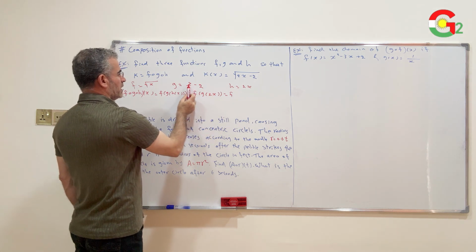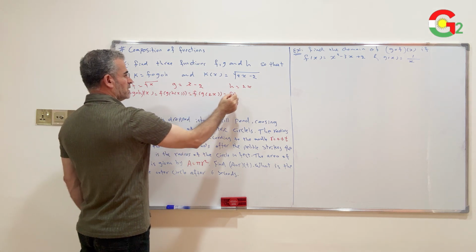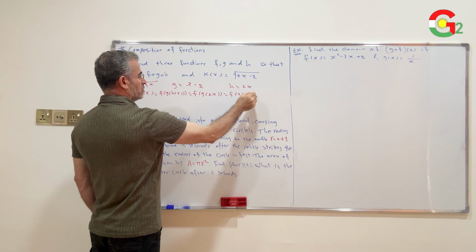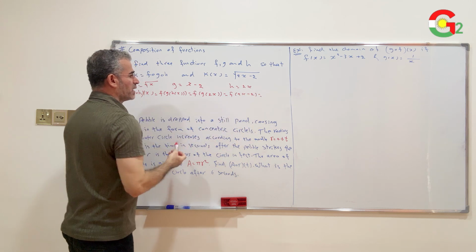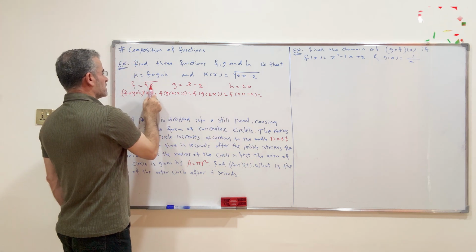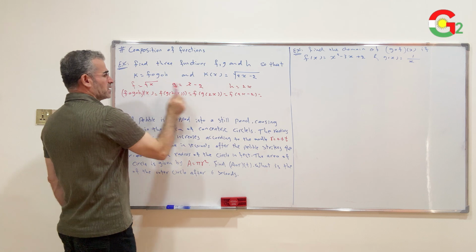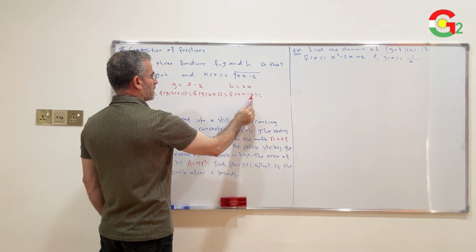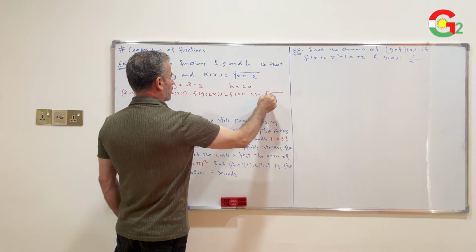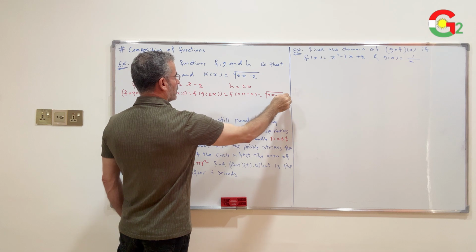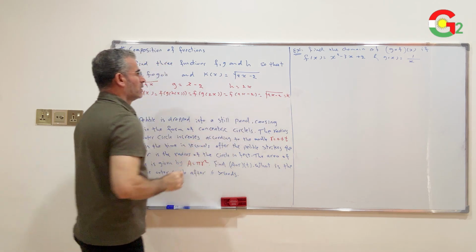Replace x with 2x, it is 2x minus 2. f of 2x minus 2, replace x, it will be square root of 2x minus 2, equal to k of x.